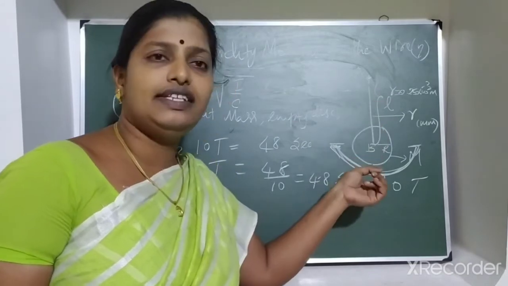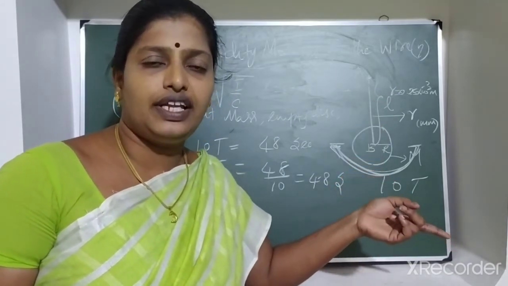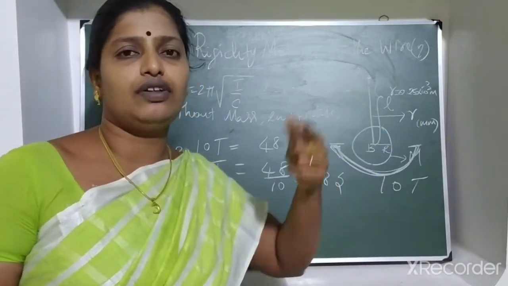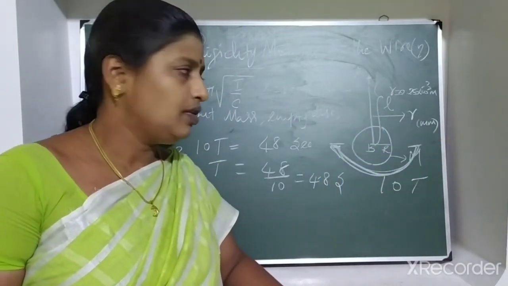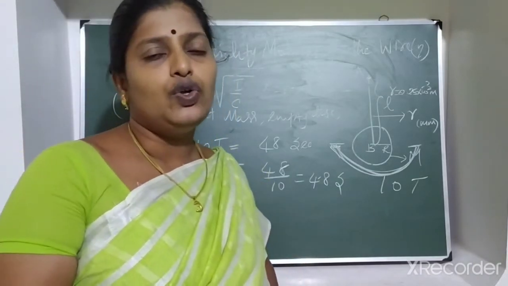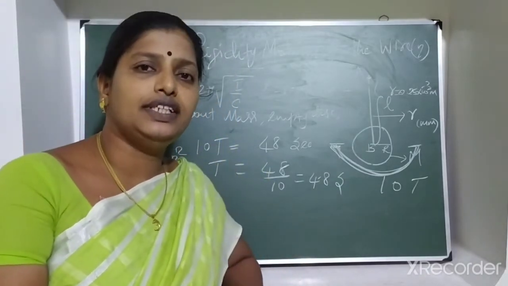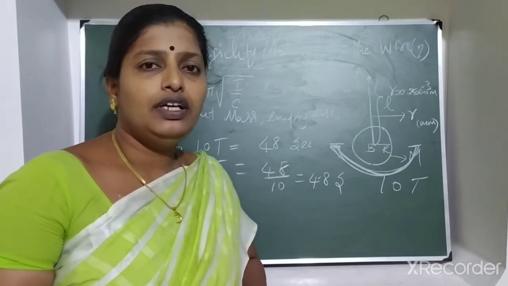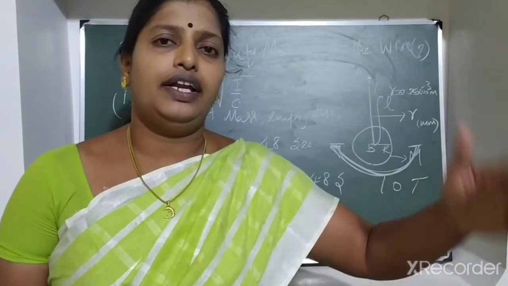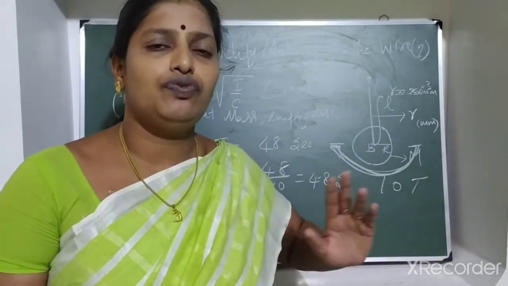As the length increases, the oscillation time also increases. As the weight loaded increases, the oscillation time also increases. Why, ma'am? When weight is loaded the oscillations are slower, so time also increases. Take the example of an empty body: you are walking day and night on any ground floor.